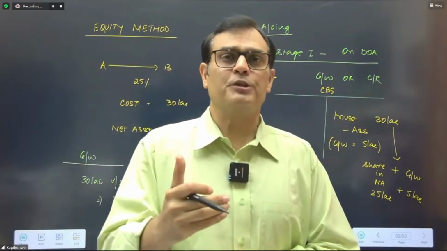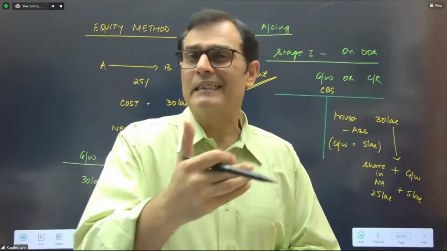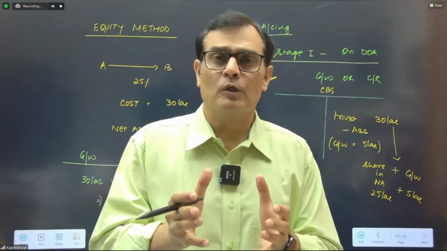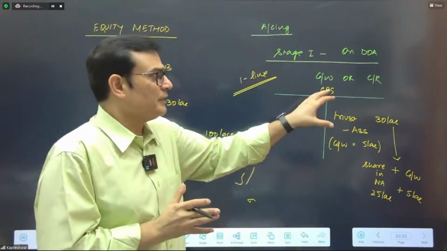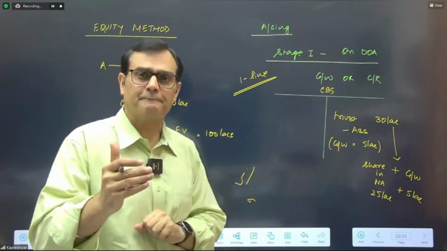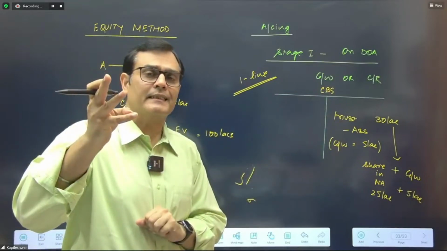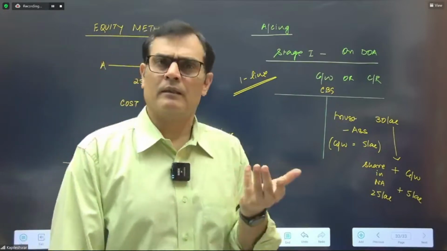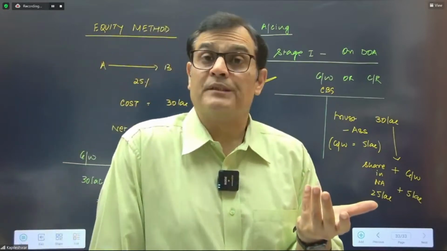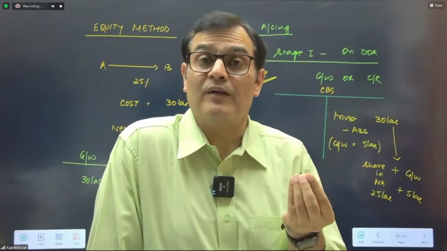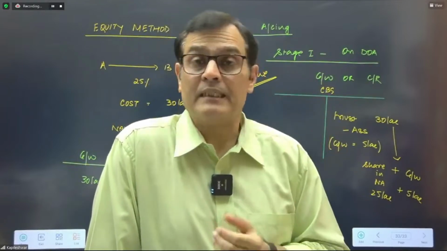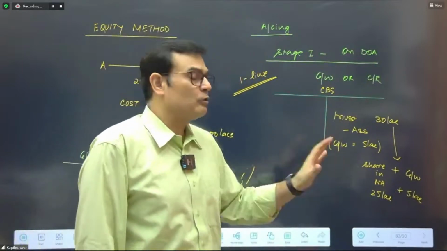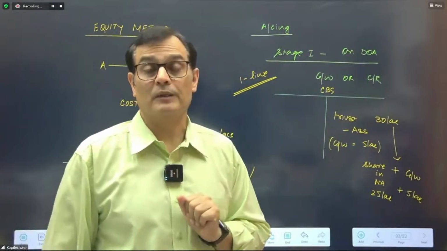So in effect, the consolidation is equal to the share in the net assets and the goodwill appears. So what is the essence of consolidation in 110? Investment gets eliminated. The net assets are aggregated with NCI, which means share in the net assets and a goodwill. Here again, the same thing has been done, but there is no aggregation in terms of line-to-line assets and liabilities. It's a one-line consolidation where the investment will always appear equal to the share in net assets plus the goodwill.